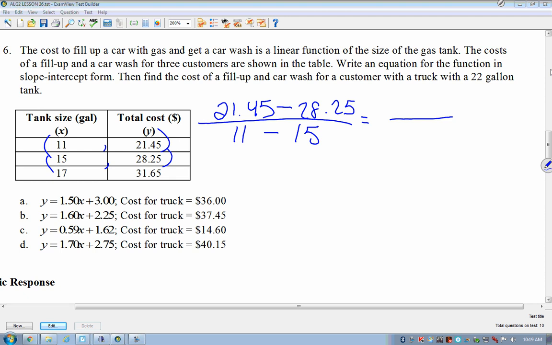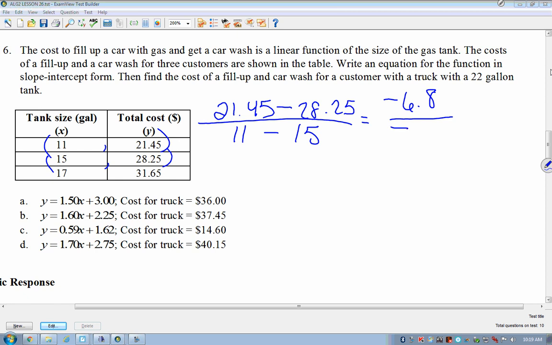Okay. We got somebody saying negative 6.75. See if you can confirm that for me, Danielle. Negative 6.8. Okay. And 11 minus 15?